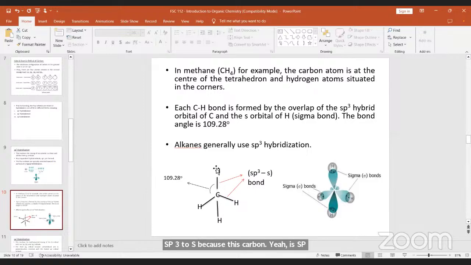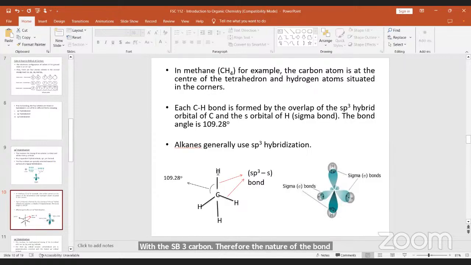The hydrogen that is coming is just bringing an electron in the s orbital. The electron configuration of the hydrogen is 1s1. So it is just an s orbital. So the hydrogen has formed a bond with the sp3 carbon. Therefore, the nature of the bond is sp3 to s.